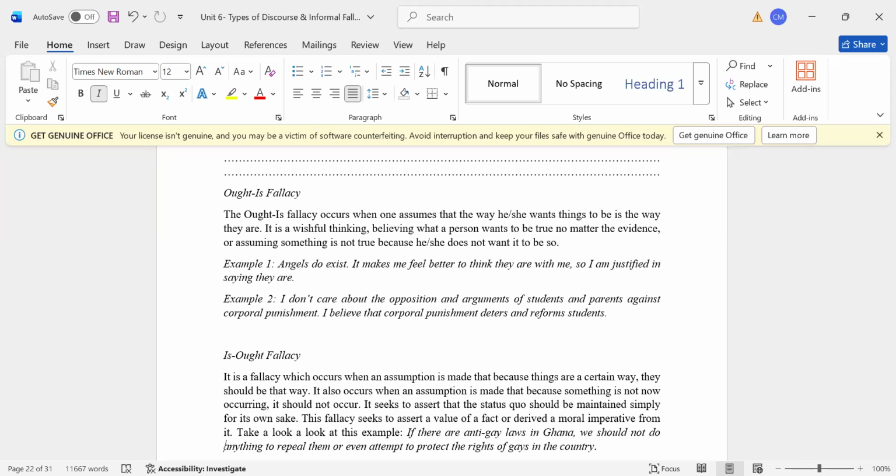That is an is-ought fallacy. The fact that the evidence is there does not necessarily mean that the conclusion should be the case.